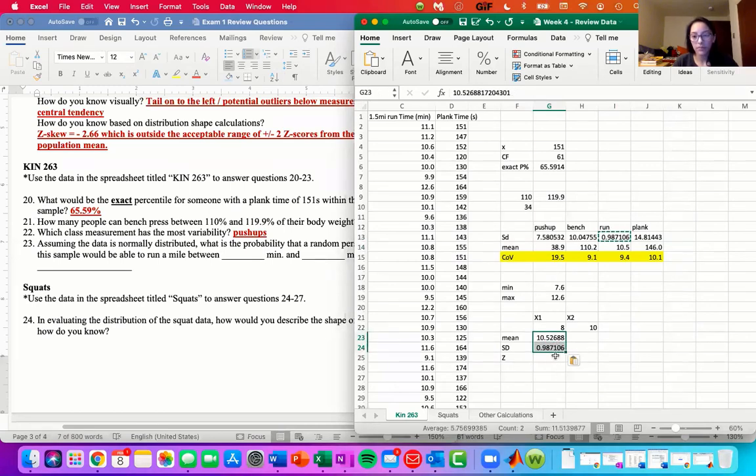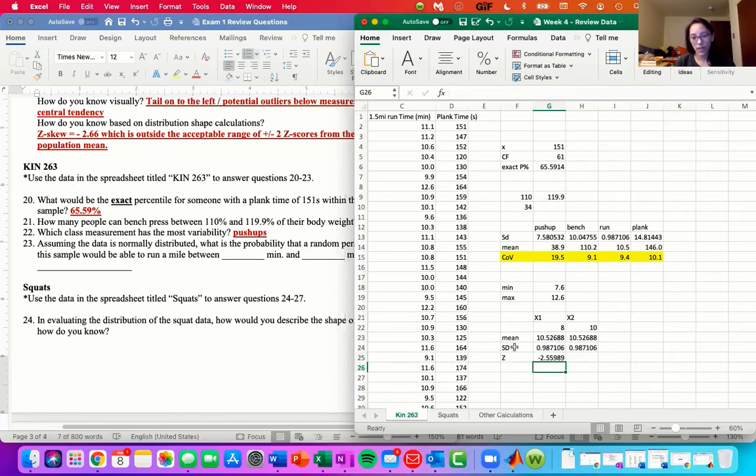All right. So to calculate a z-score, I want to do the raw score of interest minus the mean divided by the standard deviation, which hopefully you can see this little purple box here. My screen covered it.